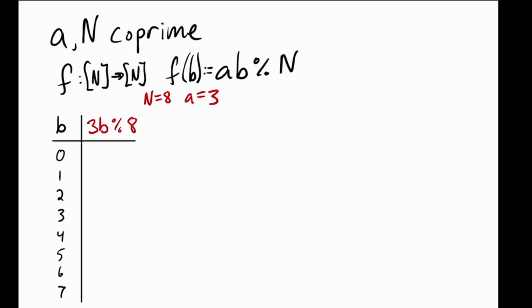So 0 times 3 is 0, 1 times 3 is 3, 2 times 3 is 6, 3 times 3 is 9, which is 1 mod 8, 4 times 3 is 12, which is 4 mod 8, 5 times 3 is 15, mod 8 is 7, 6 times 3 is 18, mod 8 is 2, and 7 times 3 is 21, mod 8 is 5.